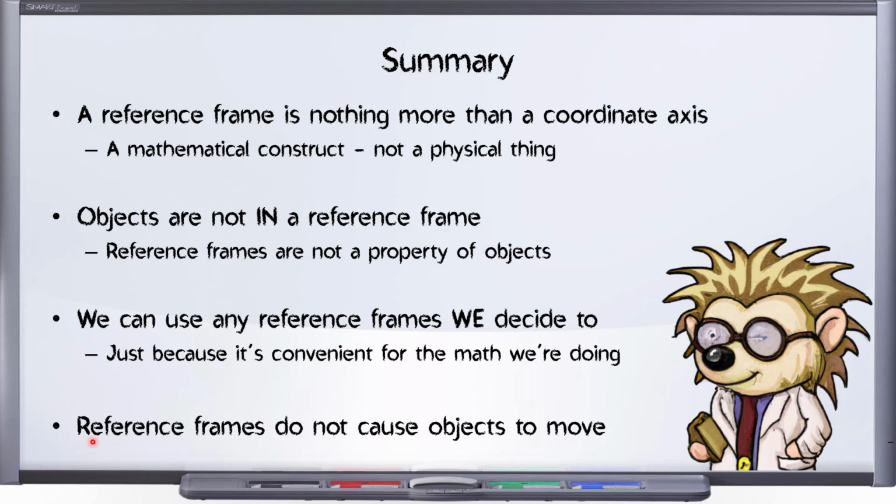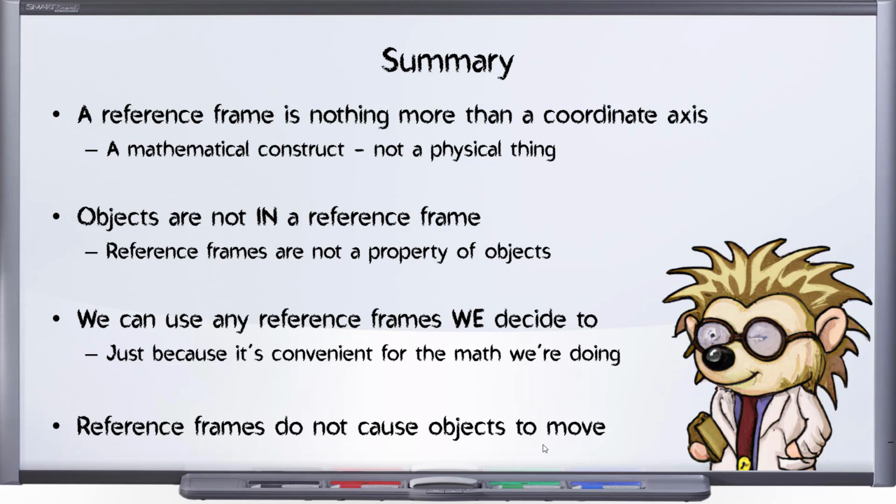And finally, reference frames do not cause objects to move. There's no way that, simply by describing a helicopter in a different reference frame, we could cause that helicopter to change direction and accelerate away from us.